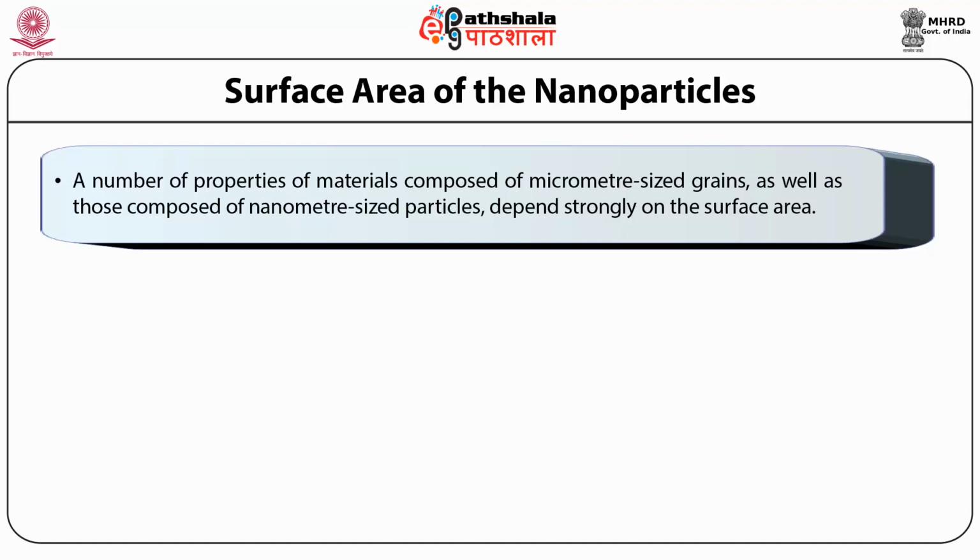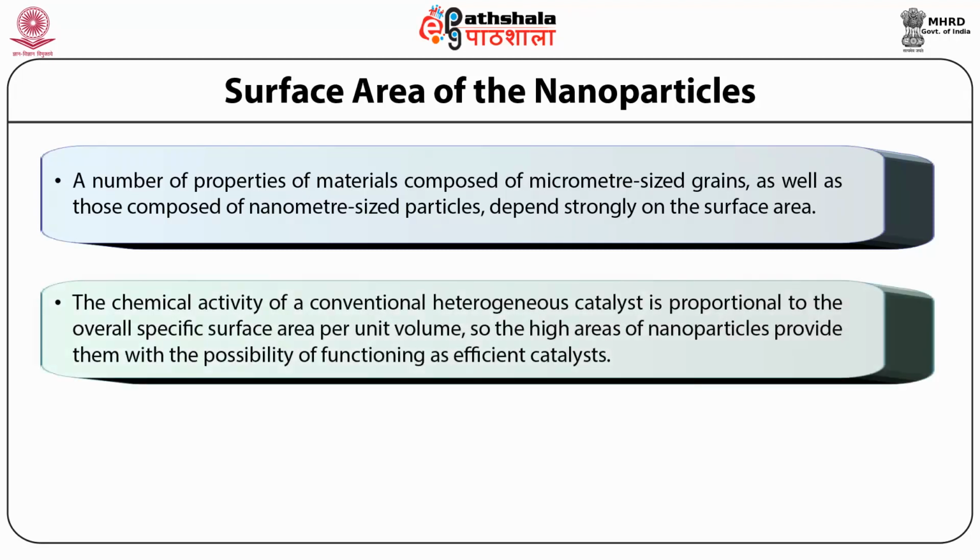For example, the electrical resistivity of a granular material is expected to scale with the total area of the grain boundaries. The chemical activity of the conventional heterogeneous catalyst is proportional to the overall specific surface area per unit volume.